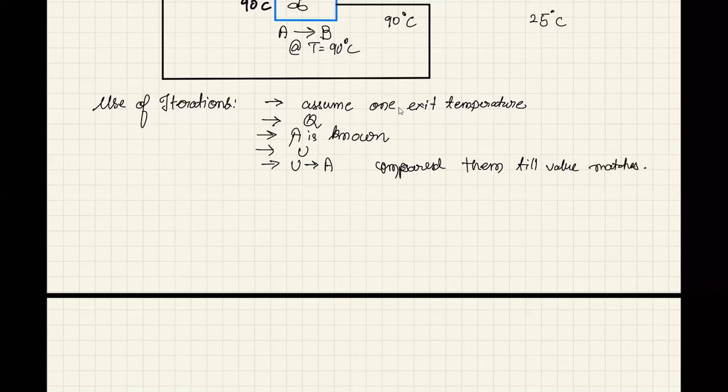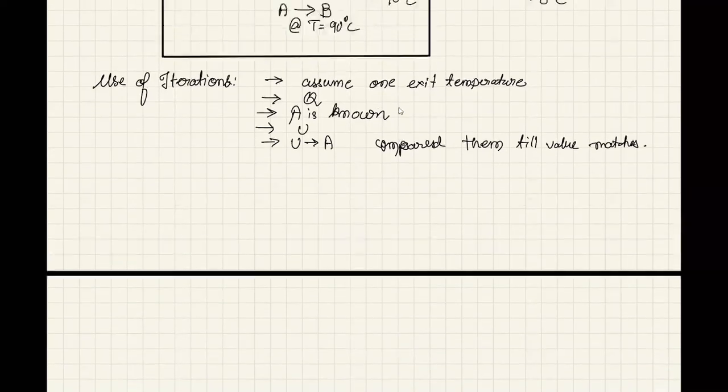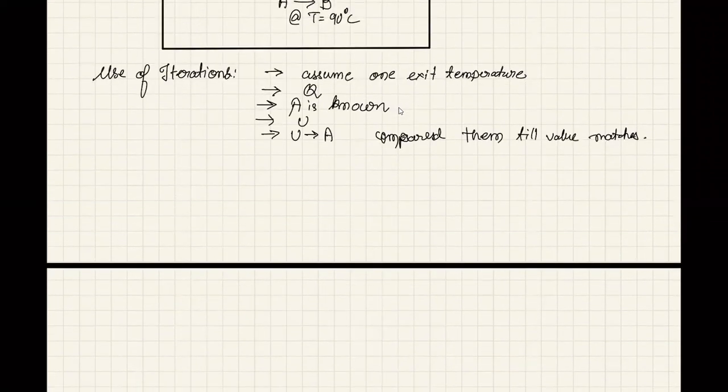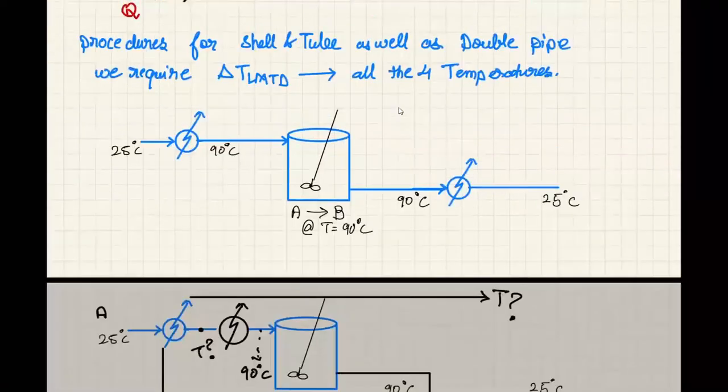Or you can compare the value of U. I mean, you take a guess value of U, you calculate the area, then again calculate U and compare, and so on. So this is a typical way to solve this. Okay, this is one case of a rating problem.